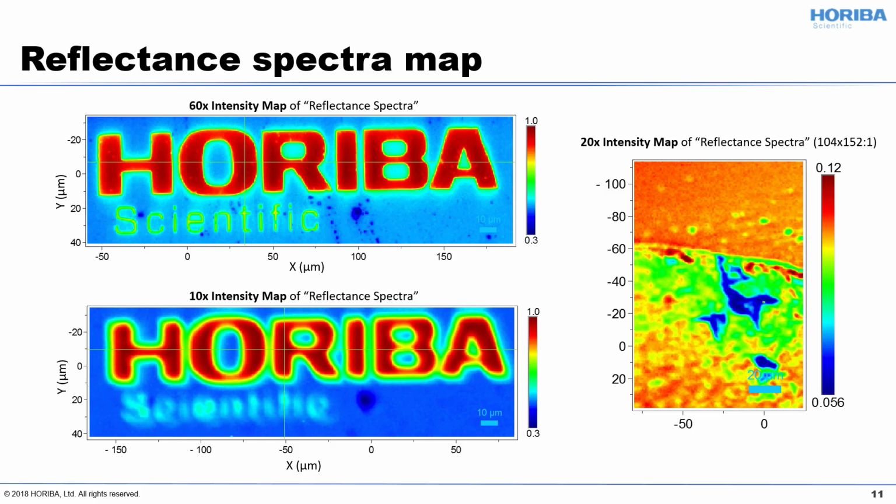On the 10x objective, the resolution is around 5 micron. And then the other one is our MoS2 sample surface on the glass substrate. We can tell that the reflectance on the sample surface is much smaller than the substrate. This is on the 20x objective.